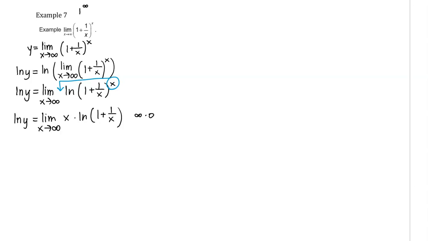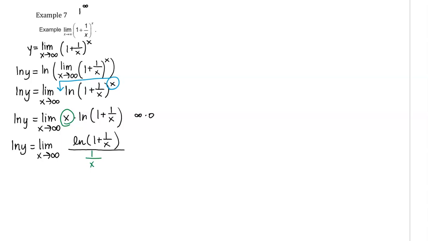So I'm now going to use an algebraic technique to rewrite this so that it looks like an indeterminate form that we can apply L'Hopital's rule to. I'm going to keep this natural log of 1 plus 1 over x in the numerator. However, instead of writing x, I'm going to rewrite that as 1 over x in the denominator.